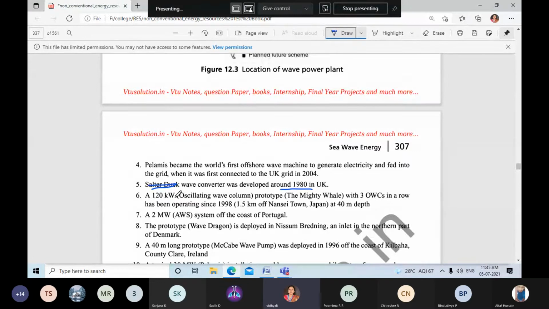Next, a 120 kilowatt oscillating wave column prototype, with three oscillating wave columns in a row, has been operating since 1998 at 40-meter depth.